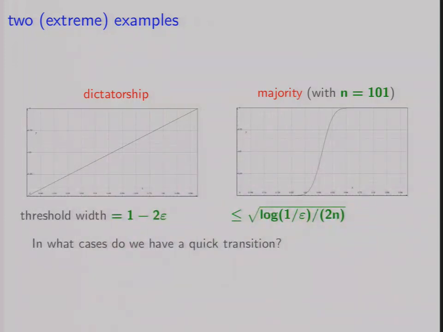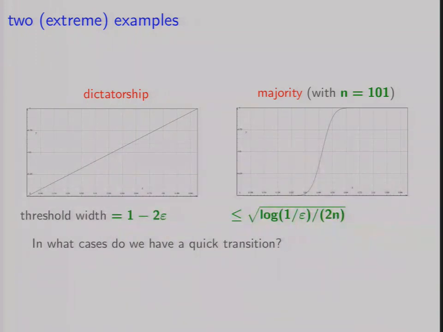Clearly, the critical value here is 1/2. If everybody votes with probability 1/2, then the probability of the outcome is 1/2. But if the probability that we use for voting is just slightly larger than 1/2, then boom, the outcome is almost surely 1. It's a huge probability. So there's a sharp transition here.